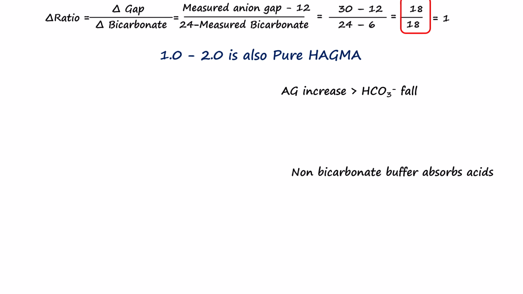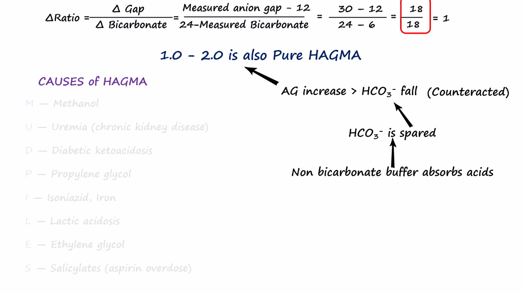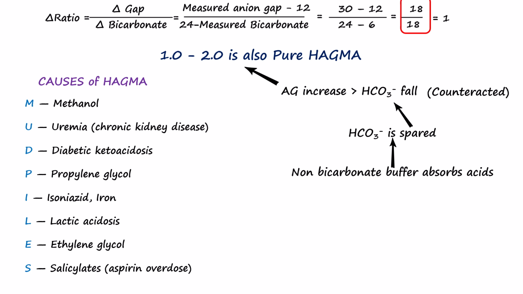Non-bicarbonate buffers, including hemoglobin, protein and the phosphate buffer system, also absorb or buffer some of the acid, meaning less bicarbonate is consumed than would be expected from the anion gap increase alone. As a result, the bicarbonate level does not decrease as much as the anion gap rises, creating a delta ratio between 1 and 2. So, this ratio range still represents pure HECMA. The causes of HECMA can be summarized by the mnemonic MUDPILES.